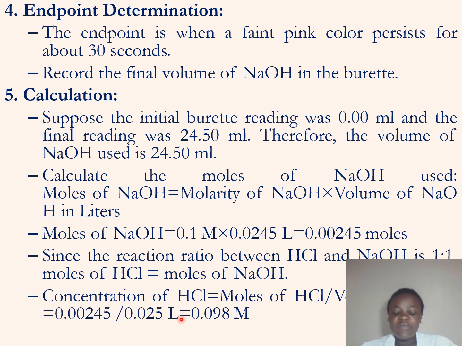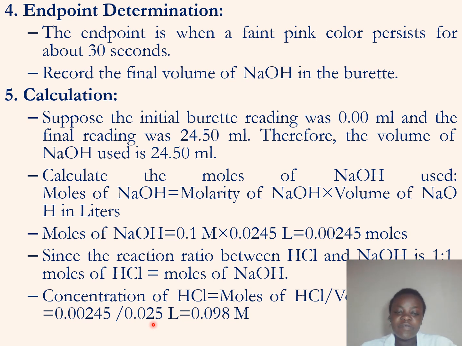Okay, then now we can get the concentration. Remember the formula for concentration is moles divided by volume in liters. So we have 0.00245 moles divided by the volume in liters. Remember we added 25 centimeters cubed, or 25 ml, of the hydrochloric acid as the analyte.